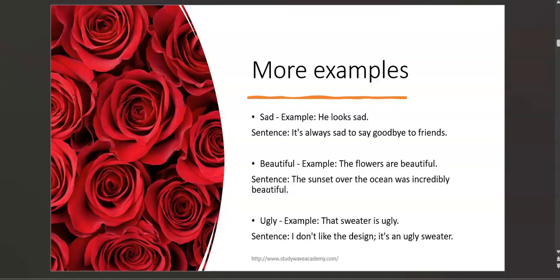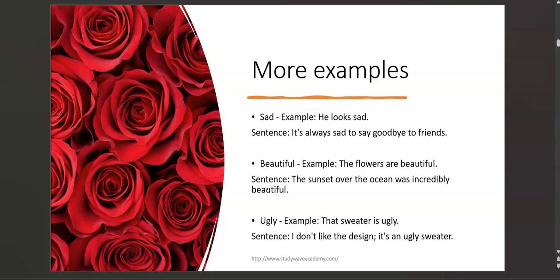Ugly here shows opinion. So we'll talk about the adjectives and what they show, or how to notice an adjective, or what the adjective's purpose is. So for example, ugly here is an opinion. Beautiful too is an opinion.